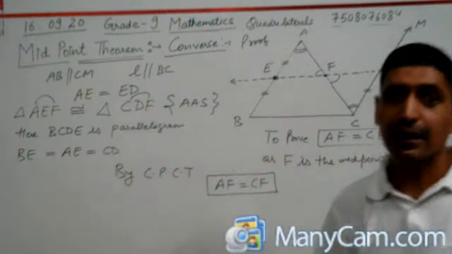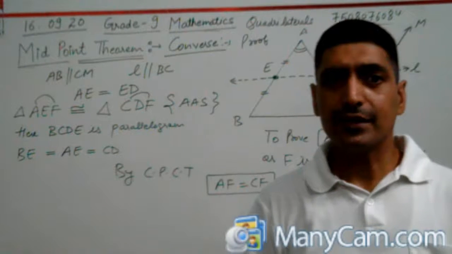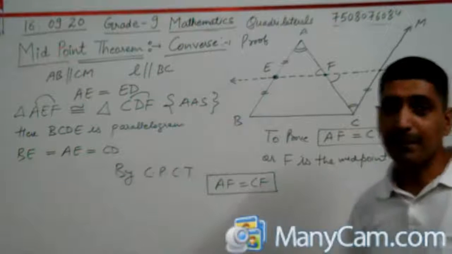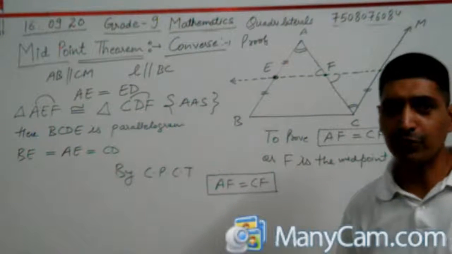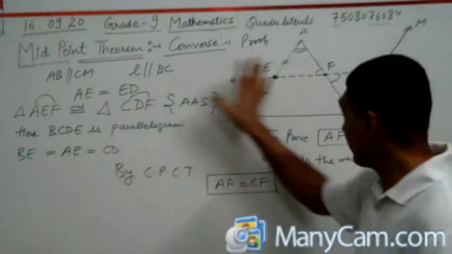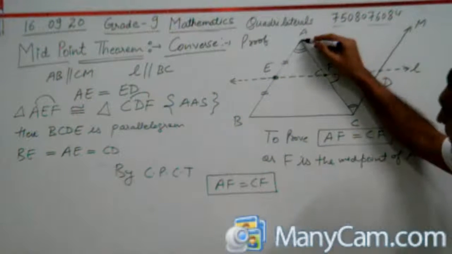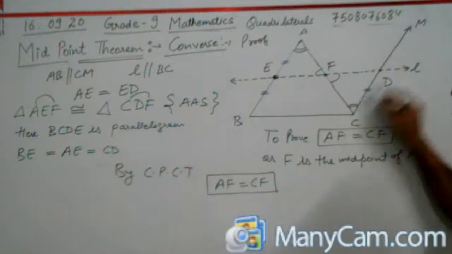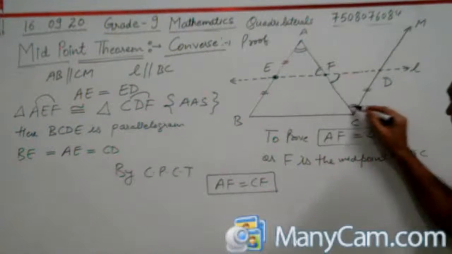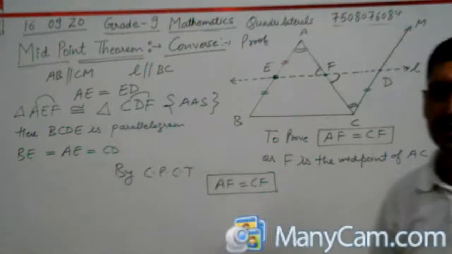Tomorrow, in the beginning, I will recapitulate again, and switch over to example number 7, which is also very important based on the midpoint theorem. To recapitulate what I have done here: I have chosen these two triangles, AEF and CDF. This angle and this angle are vertically opposite angles, and angles A and C are alternate angles.